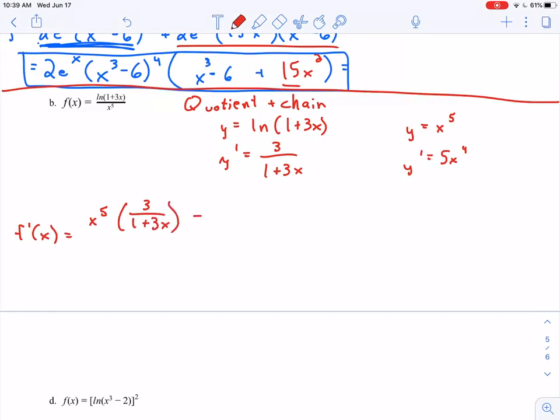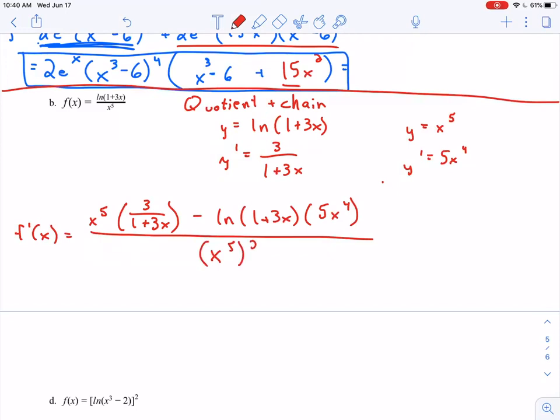Minus high, so that's going to be natural log of 1 plus 3x, times d low, derivative of my denominator, we said that was 5x to the fourth, so times 5x to the fourth, over square the bottom, and away we go.